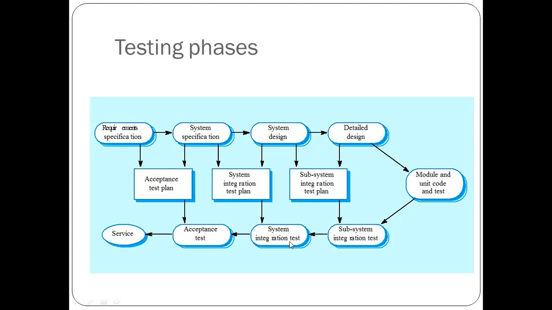So that is the system integration test. After this comes the final test, called the acceptance test, and after that there is deployment, and after deployment we do some sort of service. So these are the testing phases and criteria to test different software.